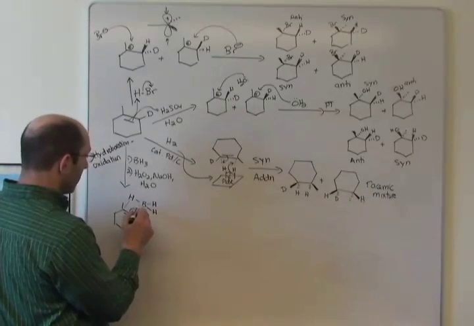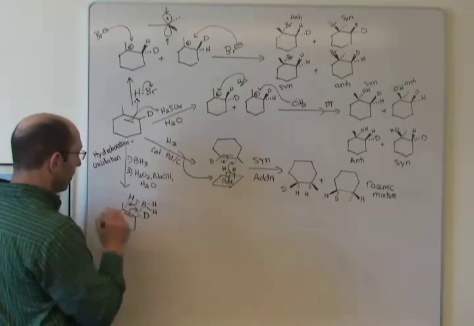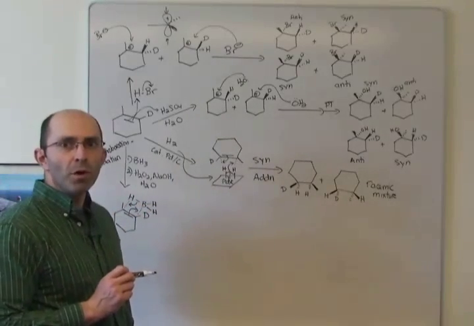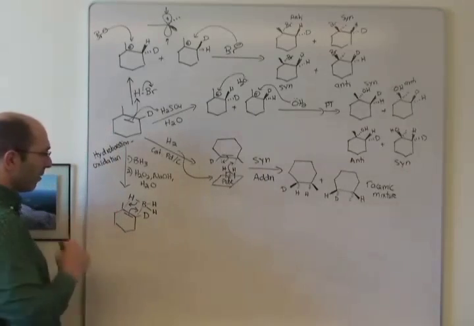So the alkene attacks boron. The BH bond is going to form the new carbon-hydrogen bond, so we have arrows that look like that.